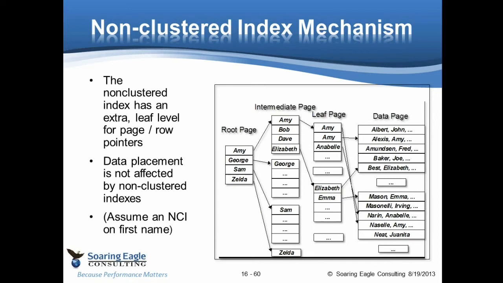What if we use the non-clustered index to find the Amys? Well, if we have 500,000 Amys, we have 500,000 page requests to make. 500,000 page requests for using the non-clustered index, 10,000 page requests to do a table scan. 50 times faster to do the table scan. Well, guess what?